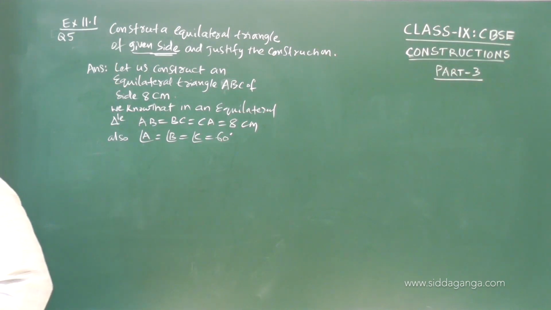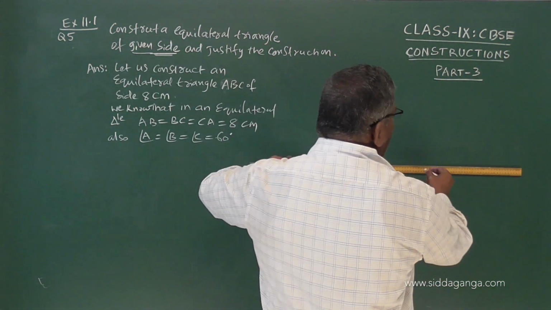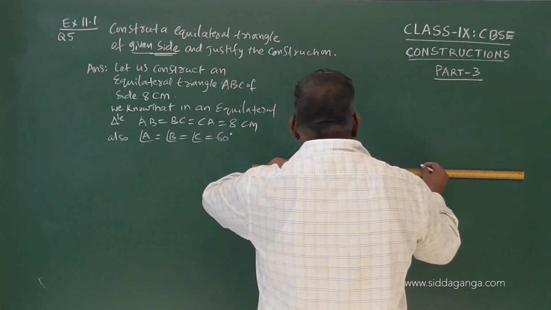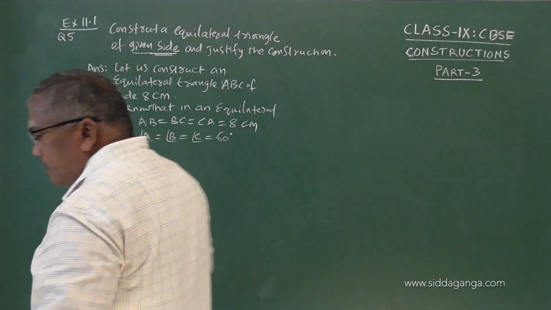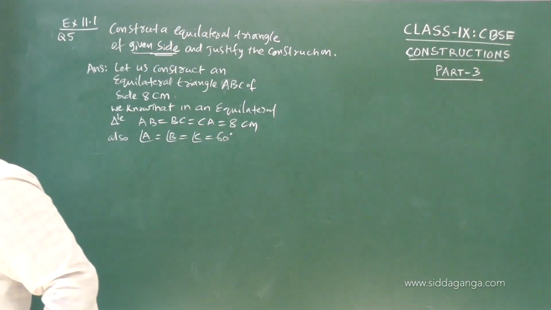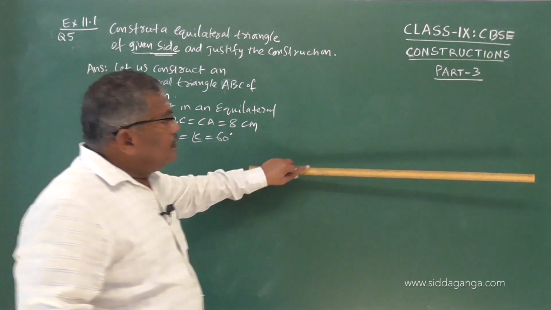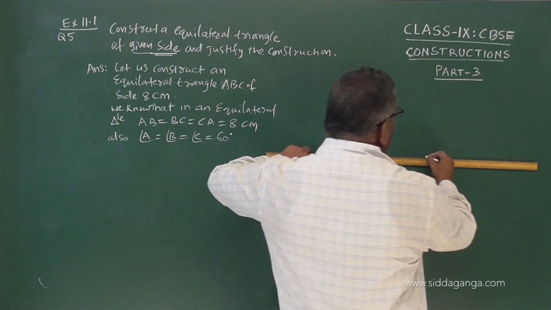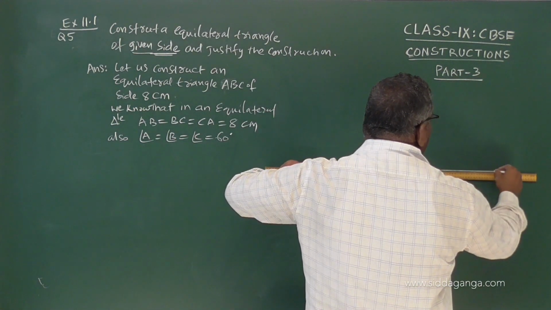For construction, what we have to do is, first we have to draw a line AB, say AB is equal to 8 centimeter. First you draw a line of 8 centimeter.